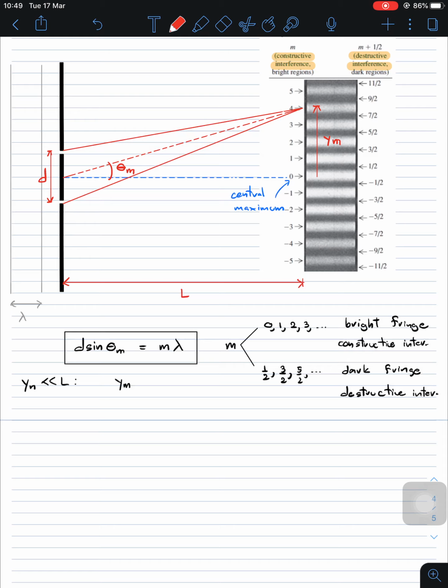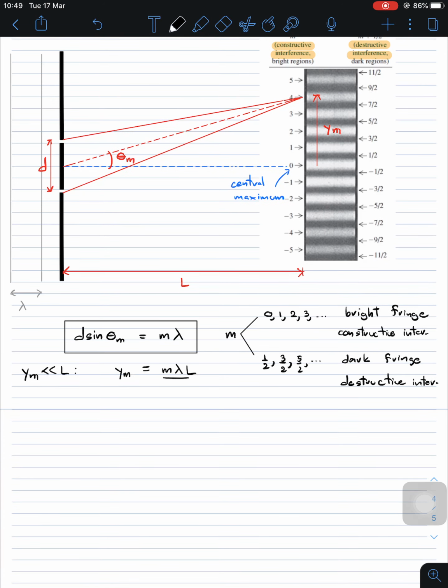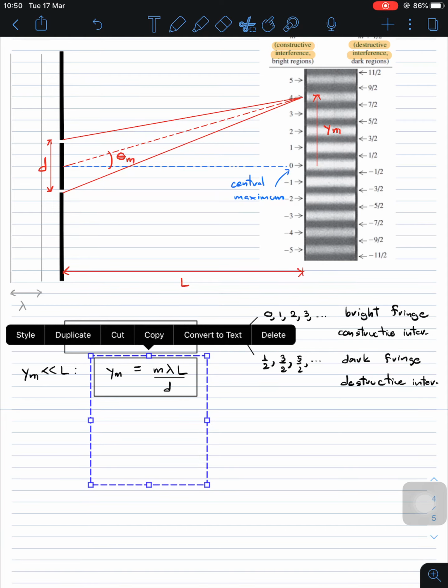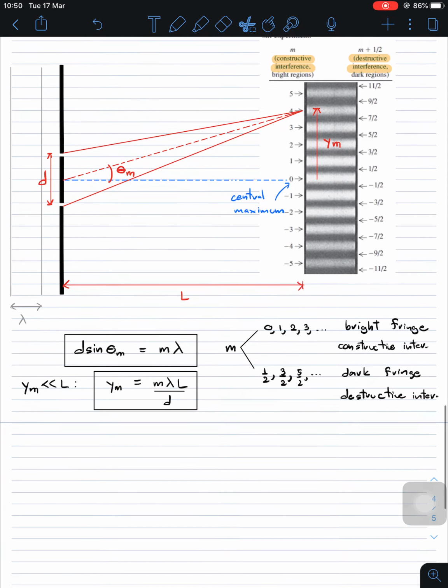My bad. We can get that y_m is equal to m times lambda times L over d. So this will be the case.